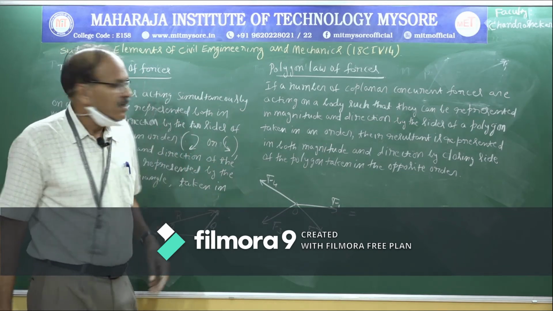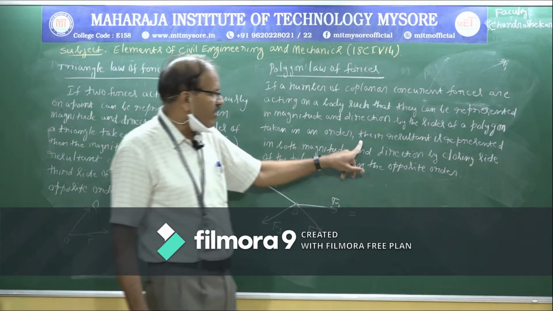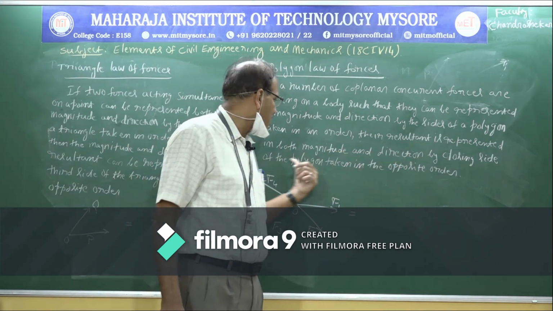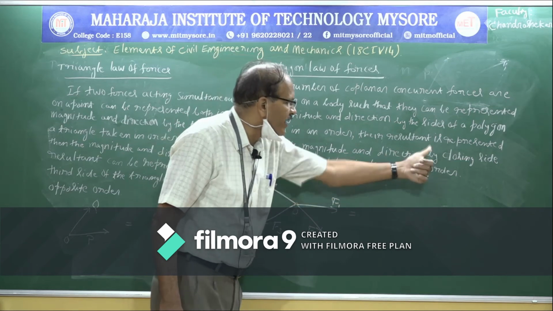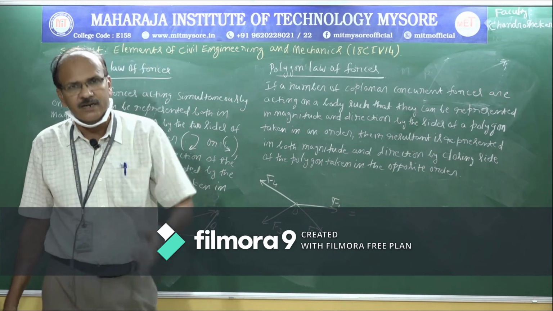Polygon means multiple sides of a closed figure taken in an order. Their resultant is represented in both magnitude and direction by the closing side of the polygon taken in the opposite order.